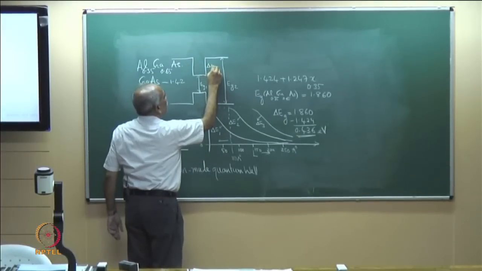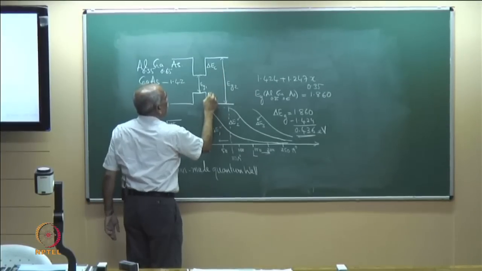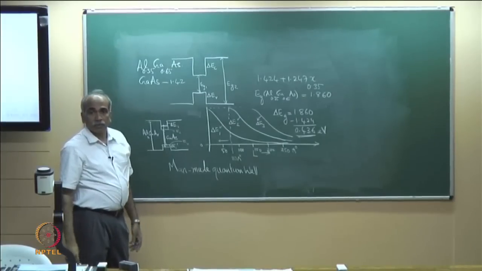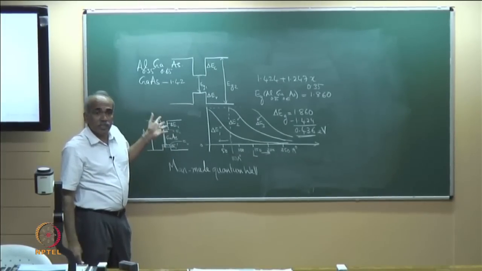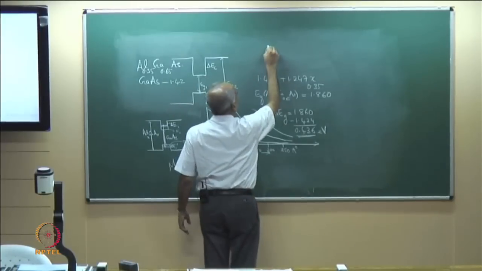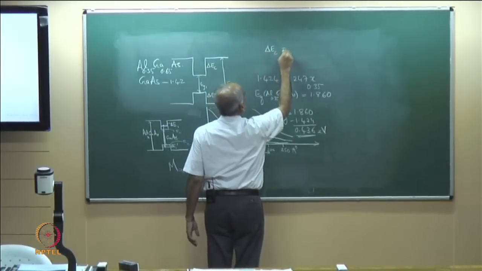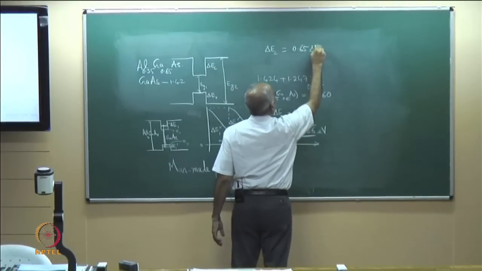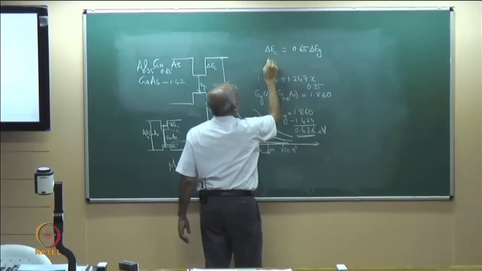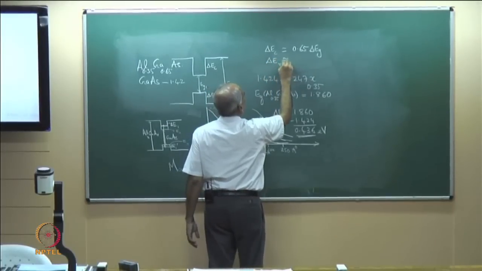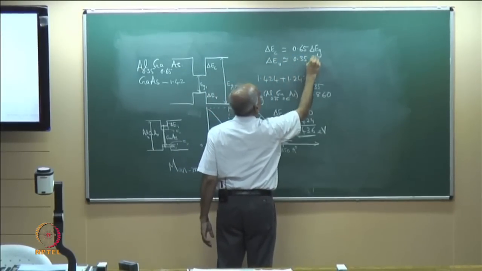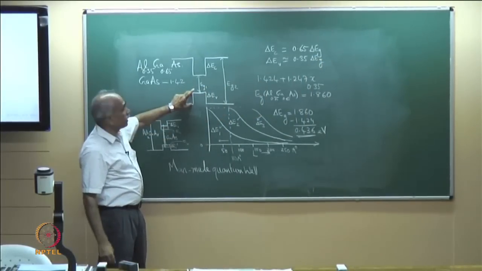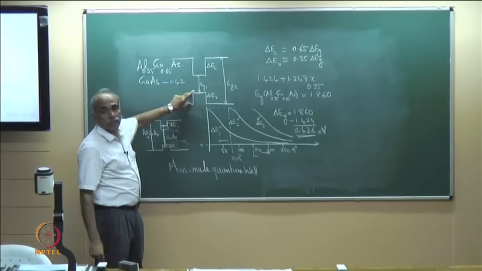This is called the delta EC discontinuity, and this one is called delta EV. It has been determined by experiments that delta EC is approximately 65%, that is 0.65 times delta Eg, and the discontinuity at the valence band, delta EV, is about 35% of the total delta Eg.